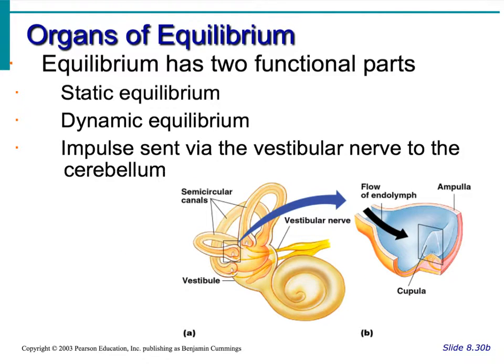The static equilibrium is the one that happens in the vestibule. And your dynamic equilibrium is measured by the semicircular canals.